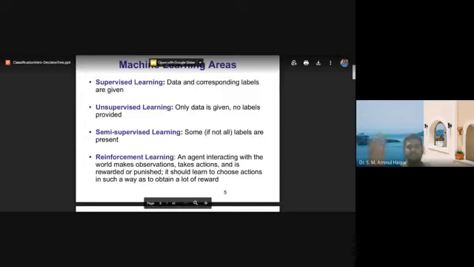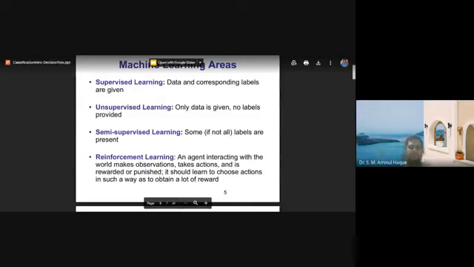We have quite a few categories in terms of learning: supervised learning, unsupervised, semi-supervised, and reinforcement learning. We have discussed this before. We know what supervised learning is and what unsupervised learning is. These two are the most commonly used terms in the machine learning paradigm.